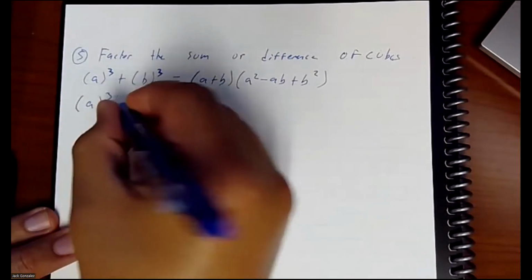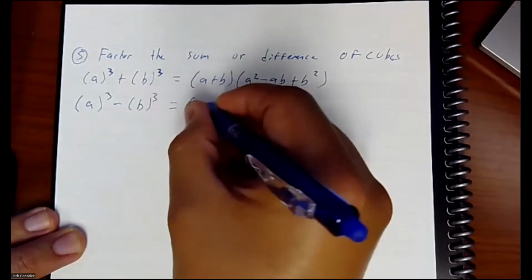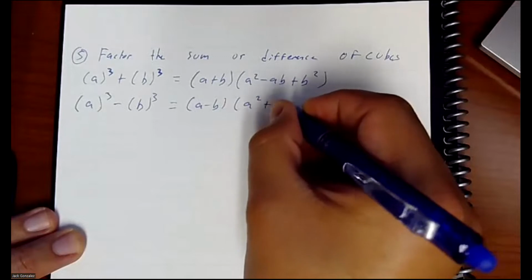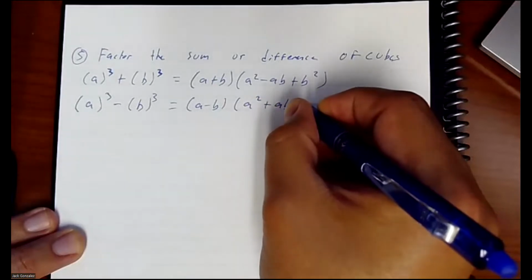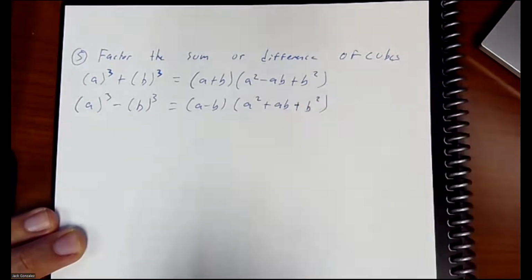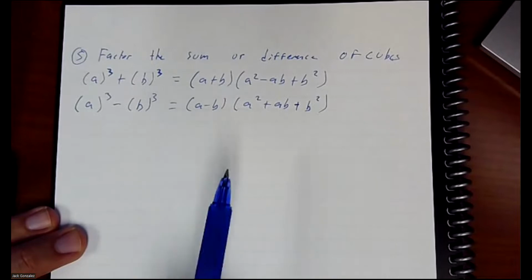A cubed minus b cubed is going to be a minus b times a squared plus ab plus b squared. Double check here: the first is minus plus plus, the other one is plus minus plus.